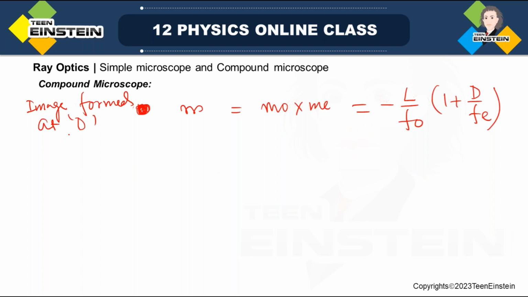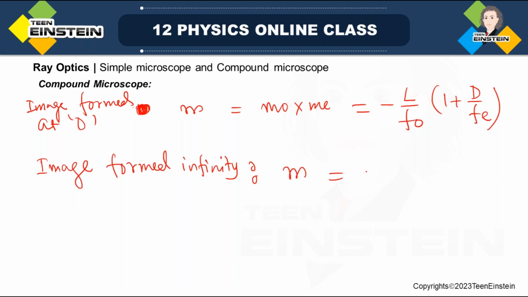Now, second point, when the image is formed at infinity, this M will be, for the microscope at infinity, simply D by Fe, and this is not going to change, L by Fo into D by Fe. So these things you have to remember.